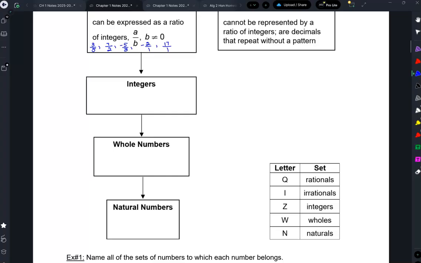Okay? So these are when the denominator is 1. And they could be positive or negative, right? So it could be 0, 1, 2, 3, ... Or on the other side, negative 1.